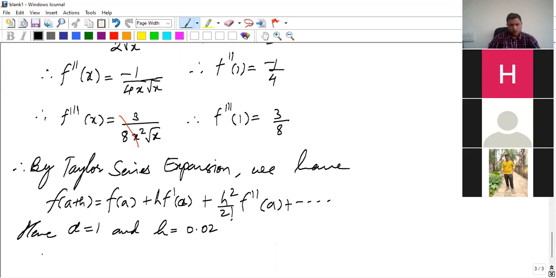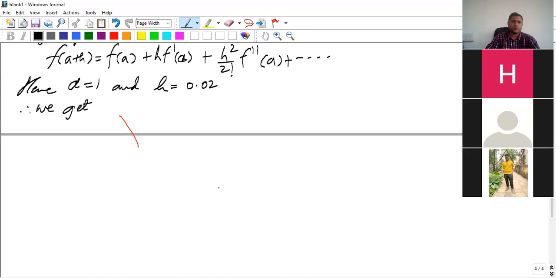Now what do we get here? Hence f of 1.02 is equal to f at 1 plus, here you will have 0.02.